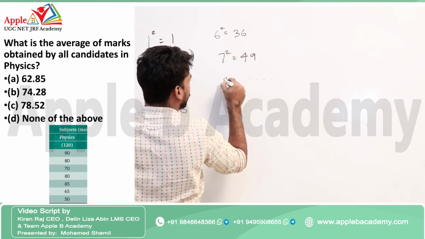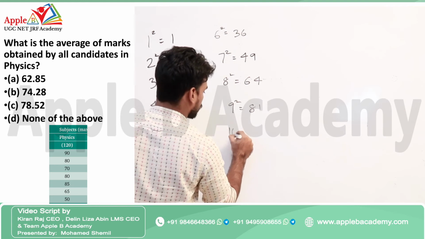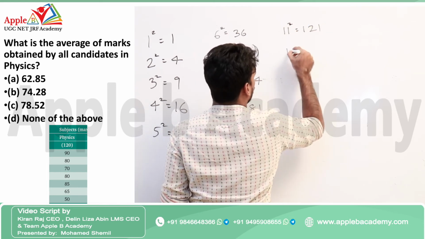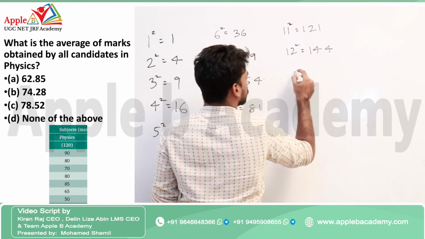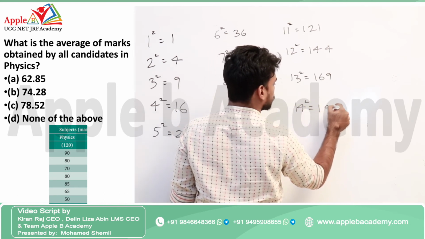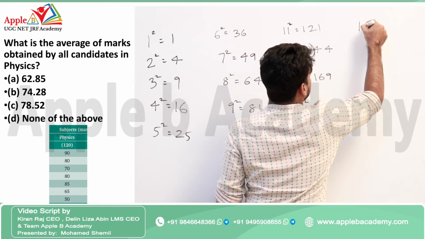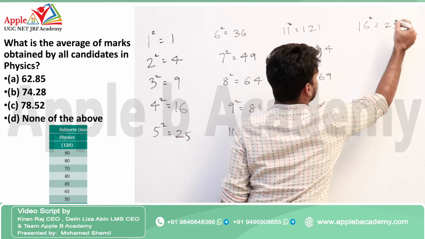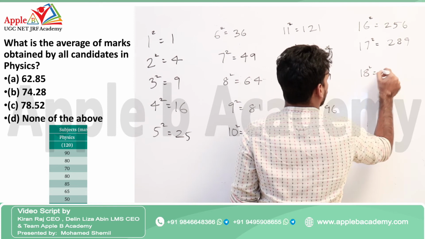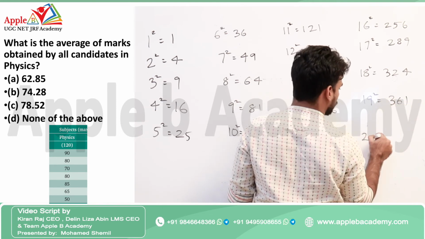49, 8 square is equal to 64, 9 square is equal to 81, 10 square is equal to 100, 11 square is equal to 121, 12 square is equal to 144, 13 square is equal to 169, 14 square is equal to 196, 15 square is equal to 225, 16 square is equal to 256, 17 square is equal to 289, 18 square is equal to 324, 19 square is equal to 361, and 20 square is equal to 400.